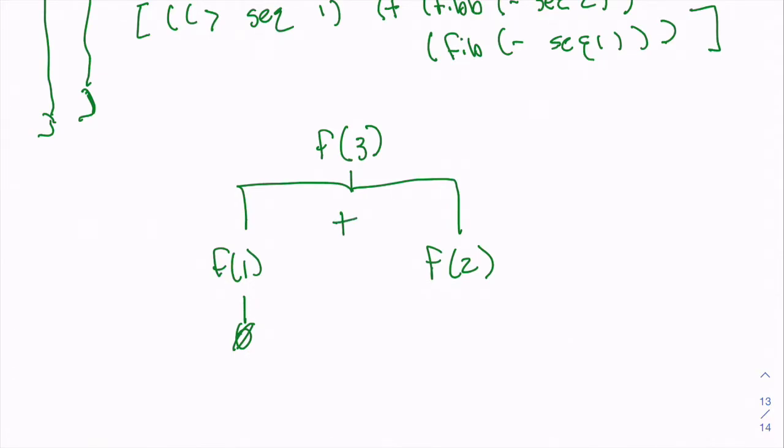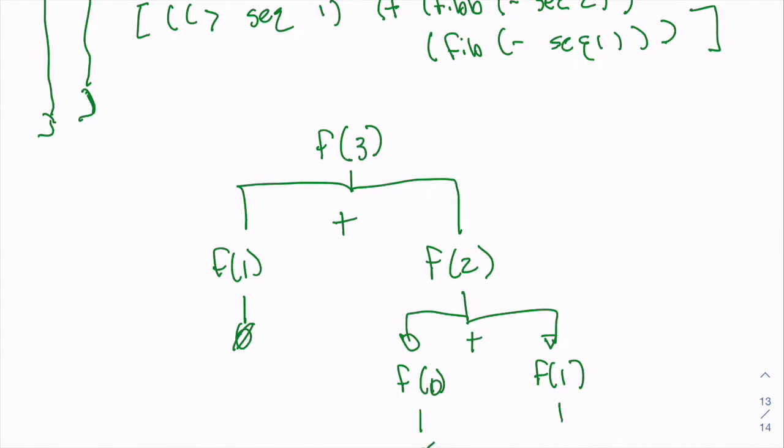So f of 2, well, that's going to be a recursive case. That's going to be f of 1 plus f of 0 plus f of 1. And these both trigger base cases.